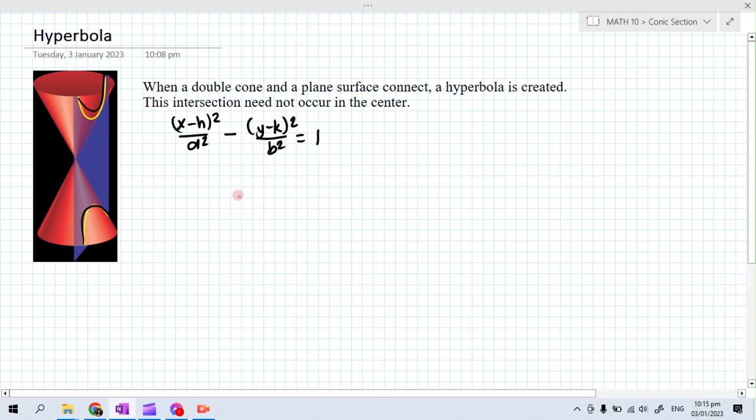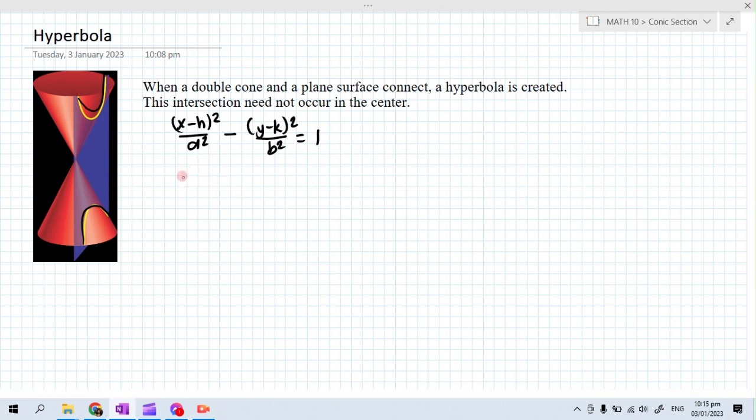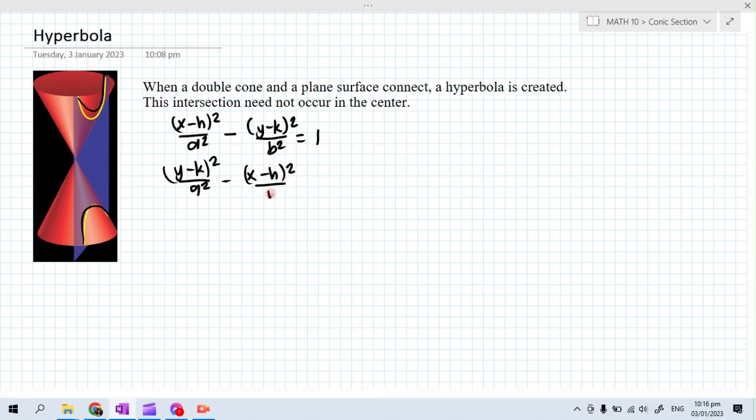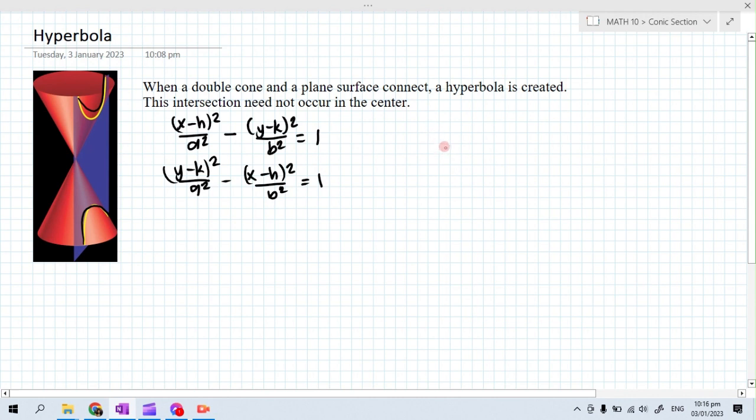The other standard form of the equation of a hyperbola is (y minus k) squared over a squared minus (x minus h) squared over b squared equals 1. These two standard equations form two different graphs.